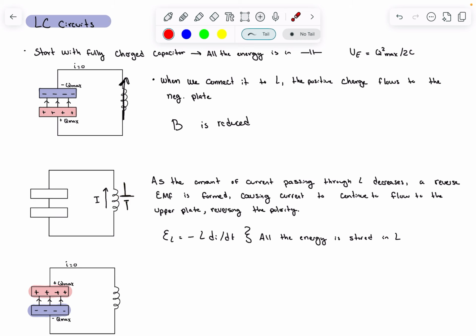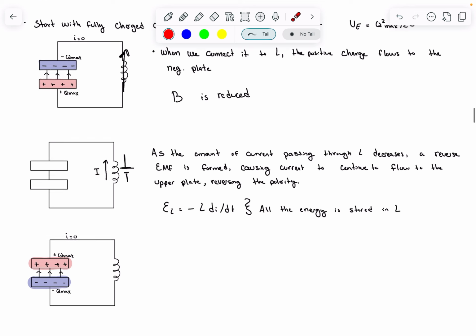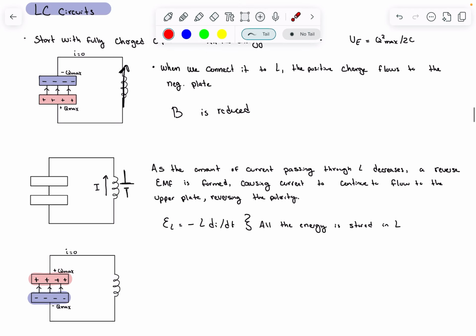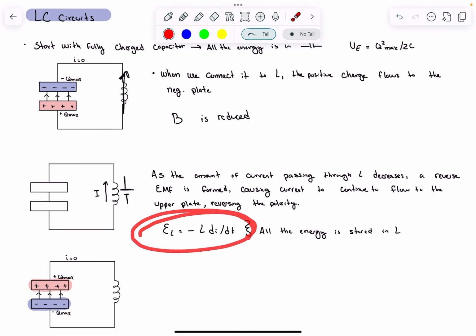So the idea is then when our capacitor is fully discharged, we're going to have this induced current that is pulling even more positive charge and placing it onto this upper plate, effectively reducing the polarity between the plates. And we can see this equation here is what we use to figure out what this induced EMF is.